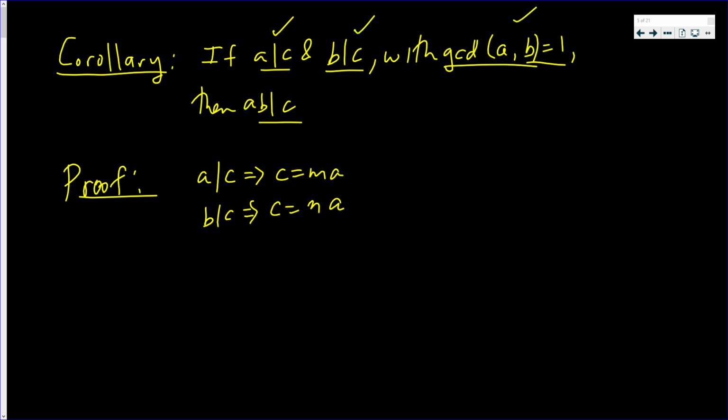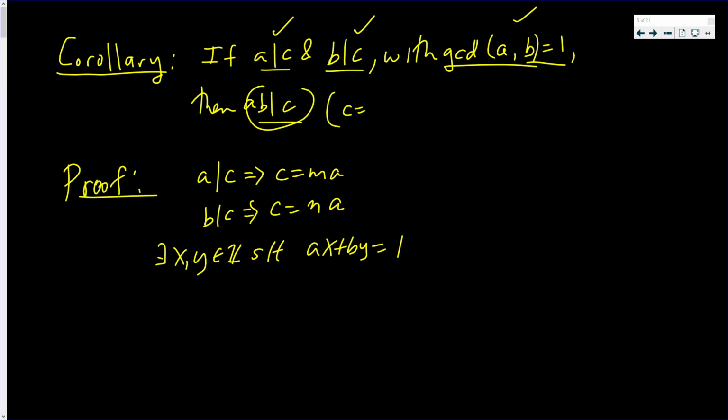This tells us that there exist X and Y in the integers such that AX plus BY is 1. Now, what I want to show is that C is some multiple of AB.